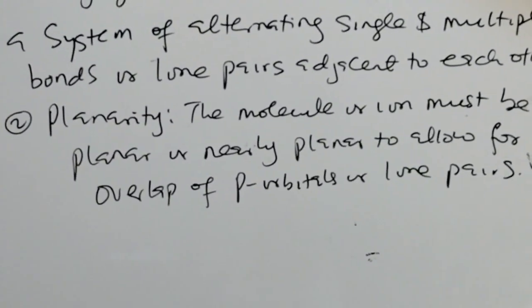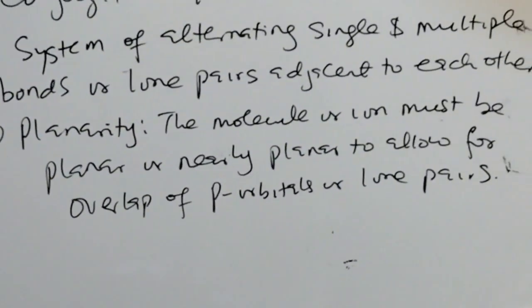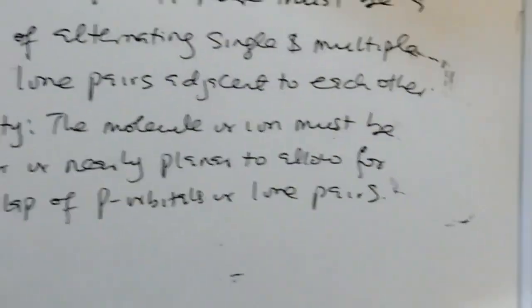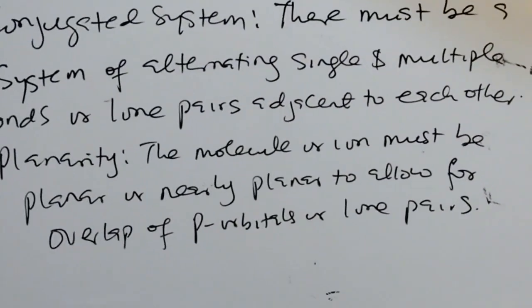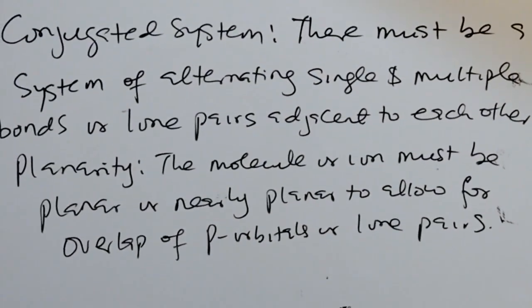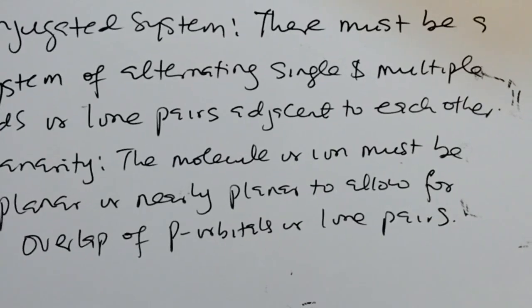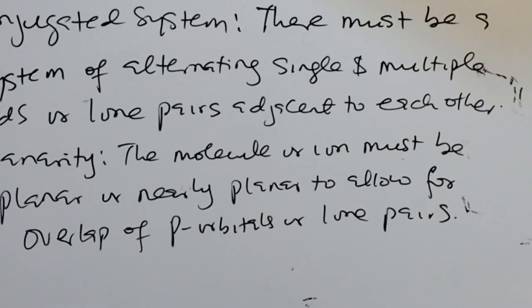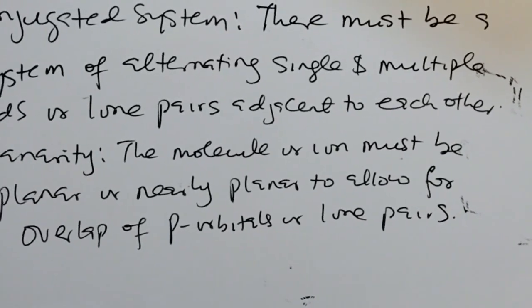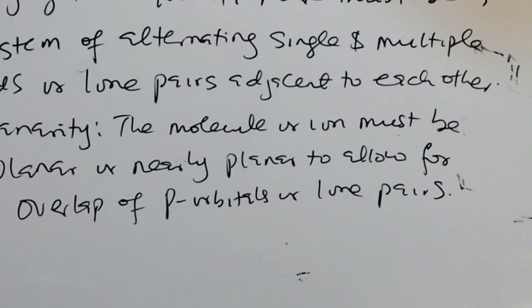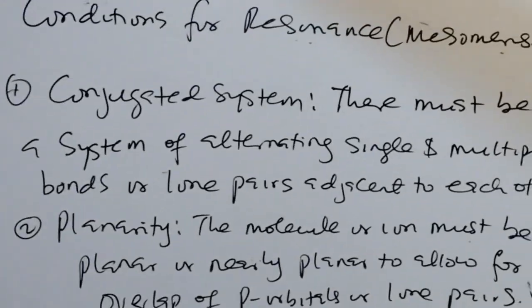The molecule or ion must be planar or nearly planar to allow for overlap of p orbitals or lone pairs. So next, we'll go over to the significance or the importance of mesomerism.